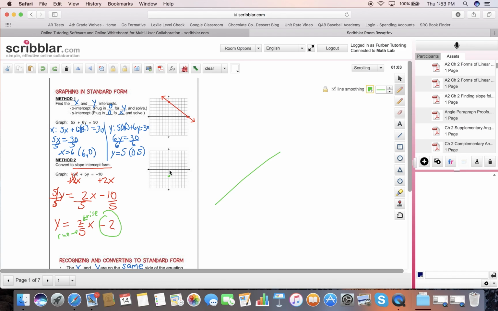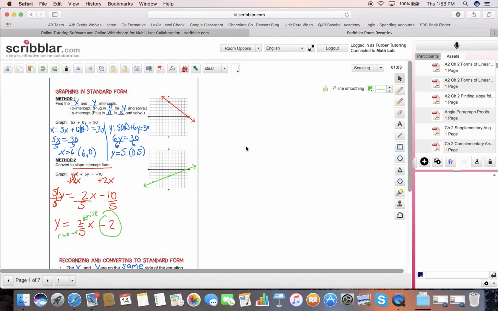So I'm going to go up 2 and to the right 5. 1, 2, 3, 4, 5. Now, you're not going to be able to make another point going up 2 and to the right 5, but you can make one going down 2 and to the left 5. But the pattern is the line still has to look like it's rising up. So once I do that, I can plot my line, and I'm already finished.